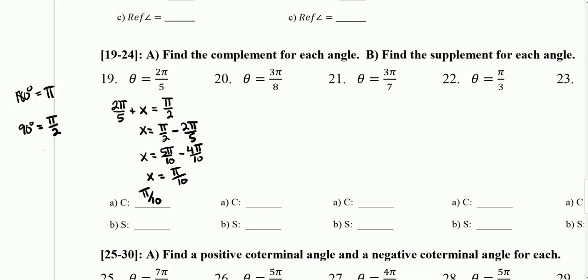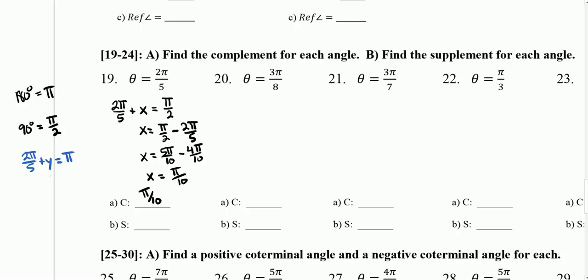For the supplement, we're going to do the same thing, and instead of setting it equal to pi over 2, we're going to set it equal to pi. So we're going to say 2 pi over 5 plus y is equal to pi. Two angles that add up to 180 degrees.